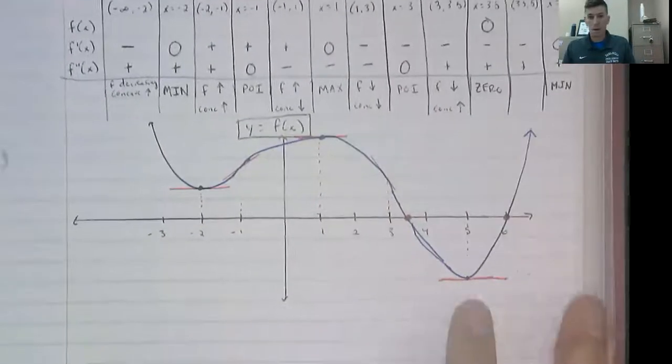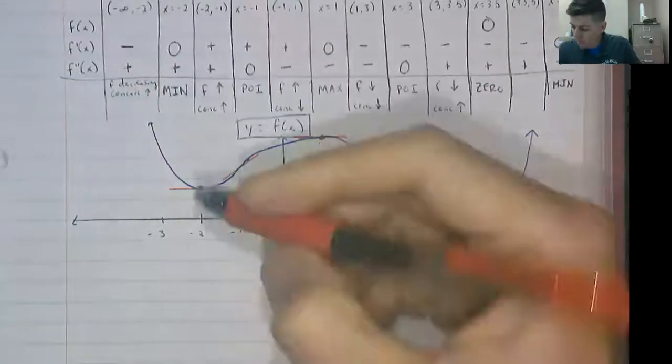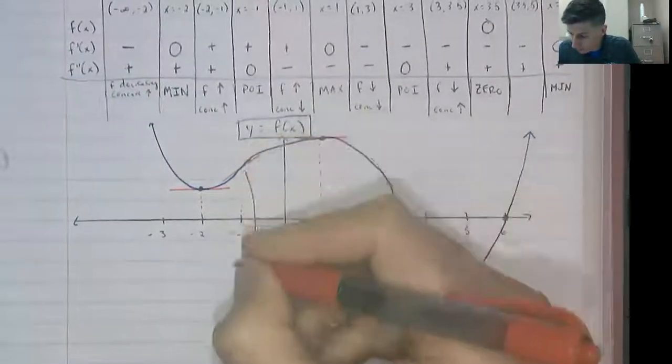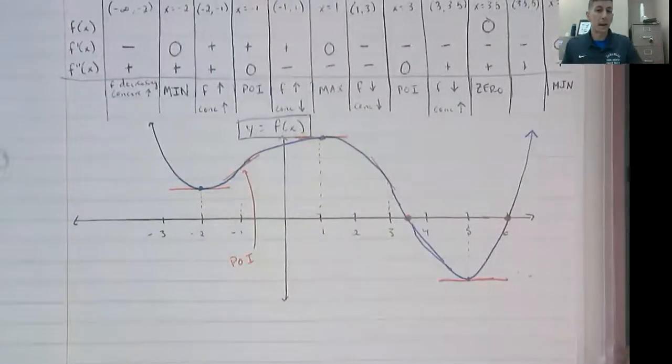It's always going to look a little wonky, but as long as you are doing your best to reflect what should be happening, and when it's not visually the neatest, maybe just pointing to this and saying, oh, okay, this is a point of inflection, if you have to, that's kind of all I can ask, okay?